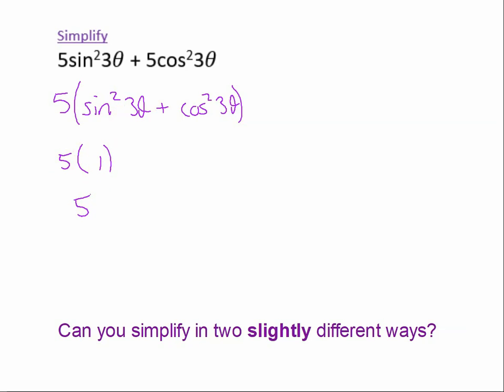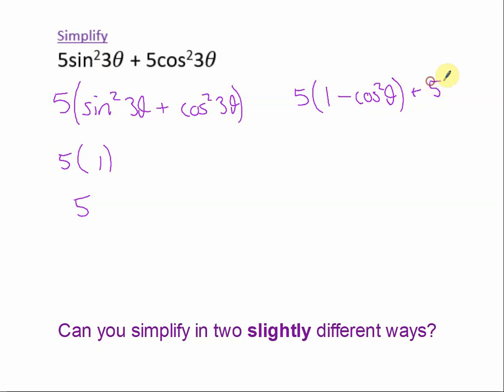Now how else could I have done that? Well, when I see a sine squared 3 theta in this case, and a cos squared, I think, well, it would be in my interest to try and make the same ratio. So I could either make them both sine, or I could make them both cos. Let's go for making them both cos. So sine squared theta is equal to 1 minus cos squared theta, using the same identity.